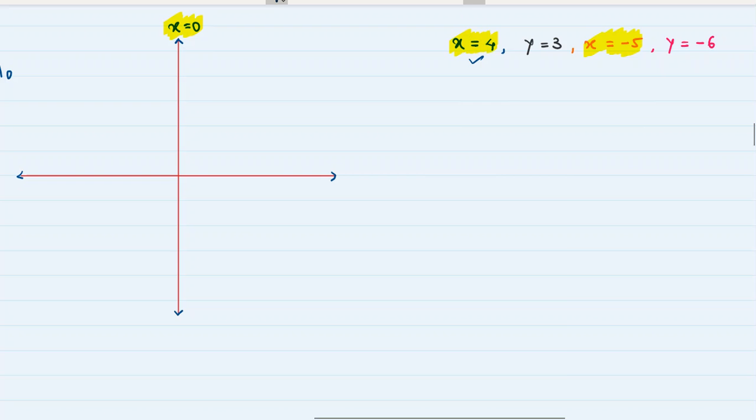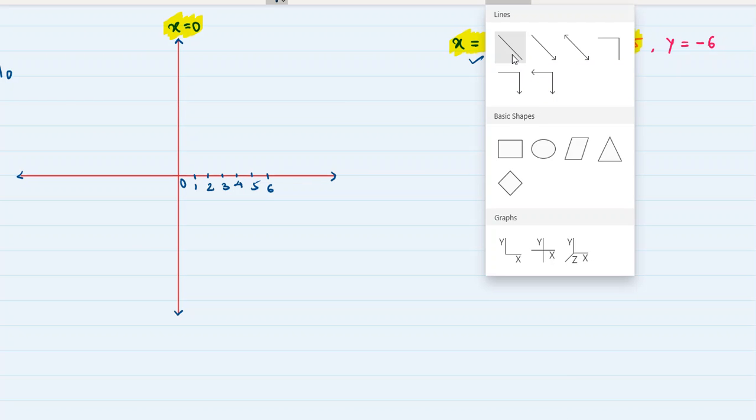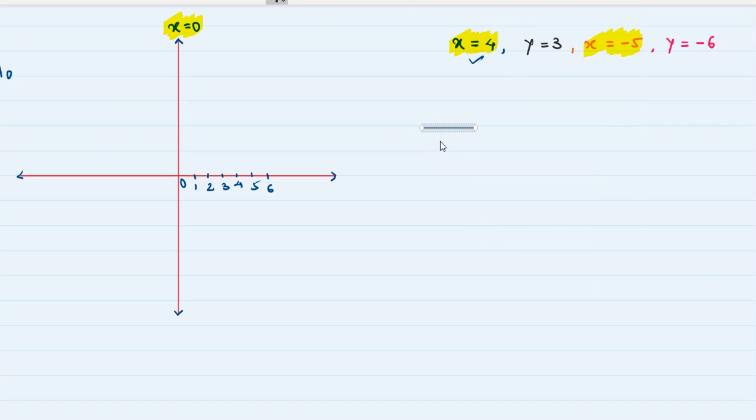So how will we draw this? So suppose this is 0, 1, 2, 3, 4, 5, 6. So this line, let me just draw it first over here.